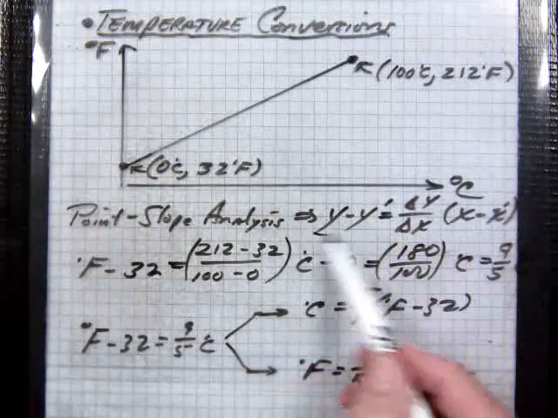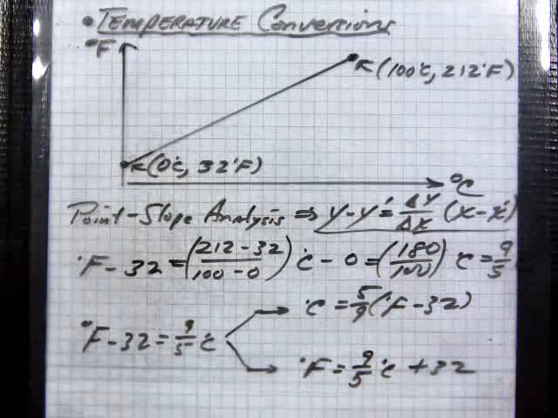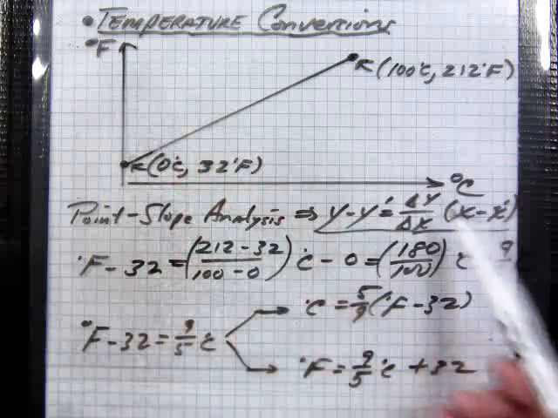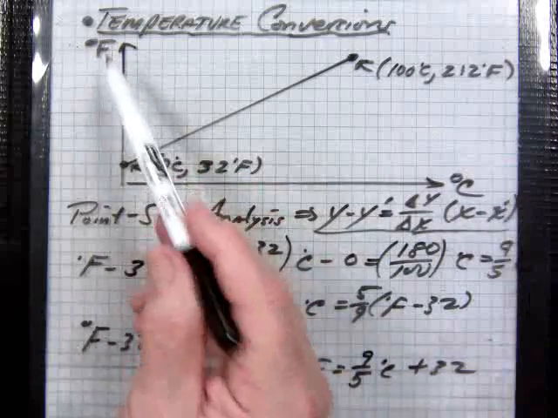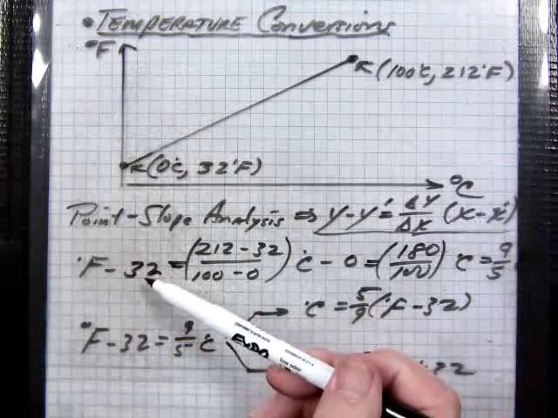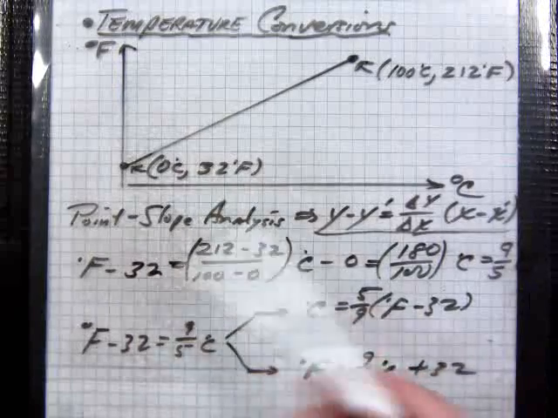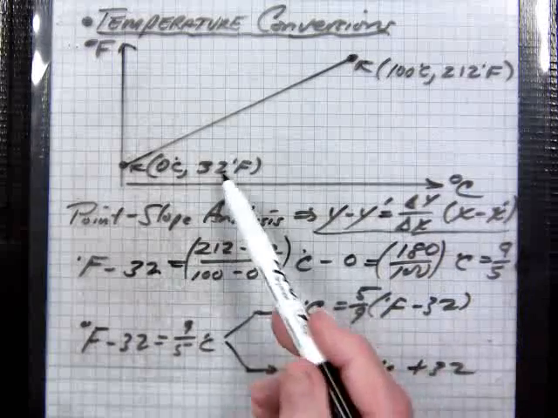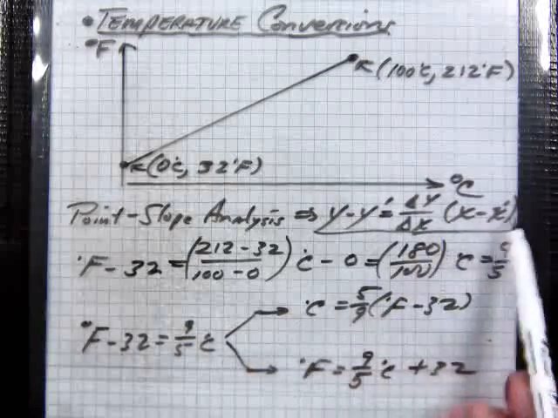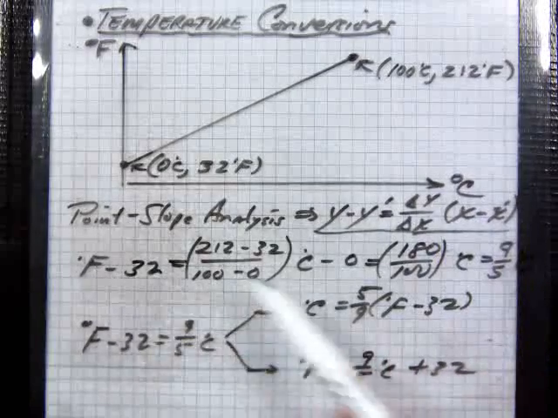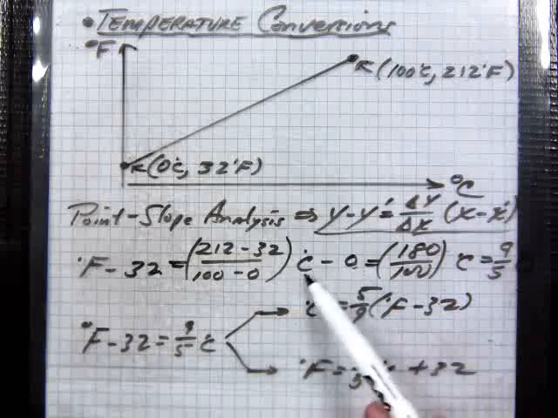This is the standard form of what we call the point slope analysis. And so y-axis, x-axis, all I'm doing is taking a value for one of the points, in this case the freezing point. And the prime numbers, y prime, x prime, and your variables y and x translate into Fahrenheit and Celsius, minus 0 degrees.